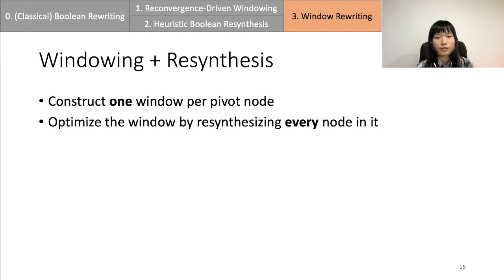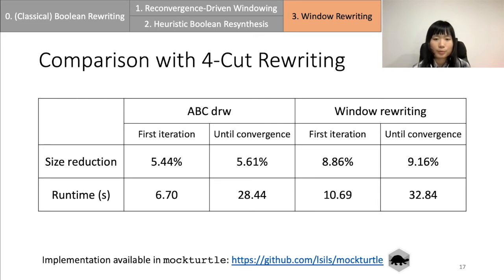Combining reconvergence-driven windowing and heuristic Boolean resynthesis, our new window rewriting has two main features. It constructs only one window per pivot node, and it optimizes the window by resynthesizing every node in it. In our experiment, we compare window rewriting against the state-of-the-art rewriting command, DRW, in ABC.